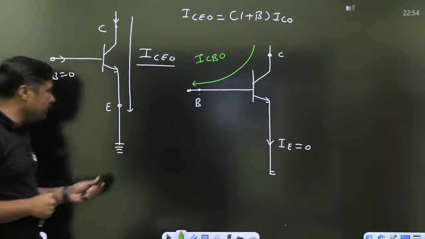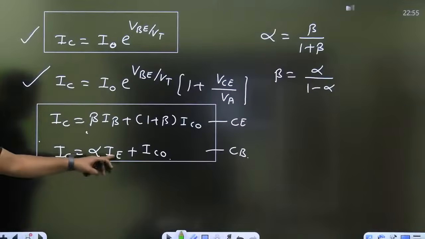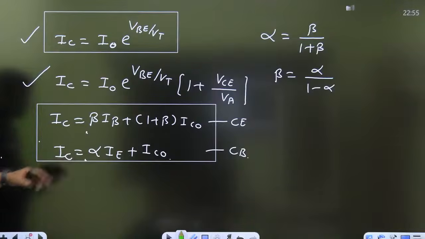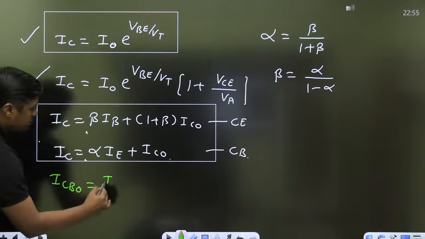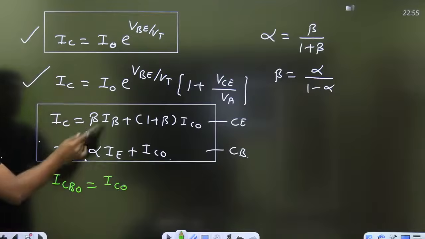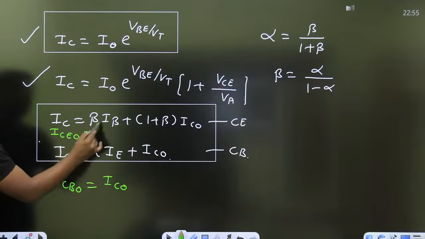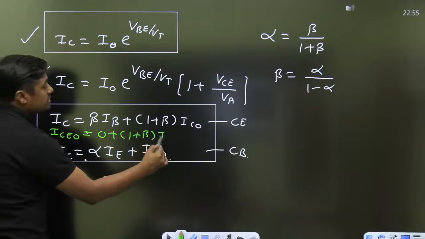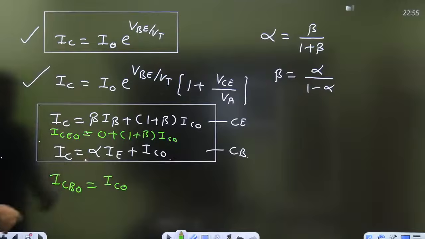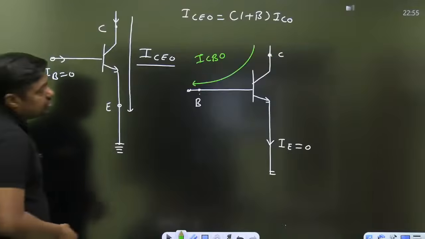So from the second formula, if I make IE equal to 0, what is this ICBO? ICBO is equal to ICO, and ICEO is 0 plus 1 plus beta times ICO. So that is the difference. ICBO is nothing but ICO.